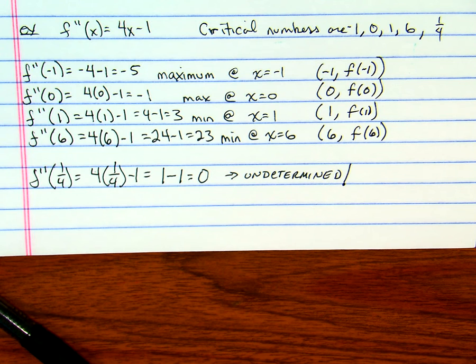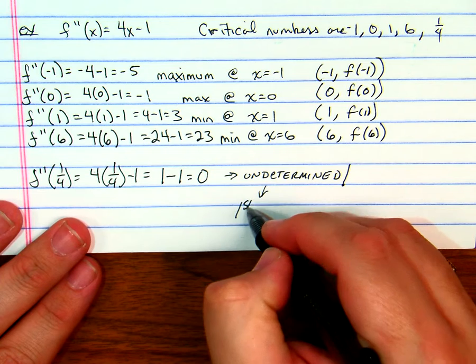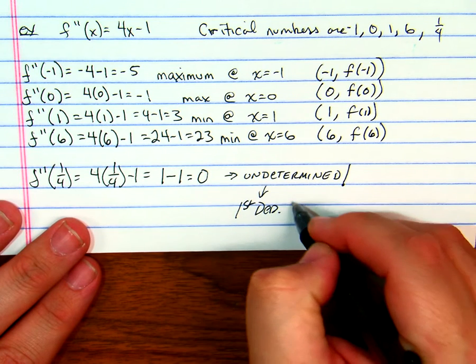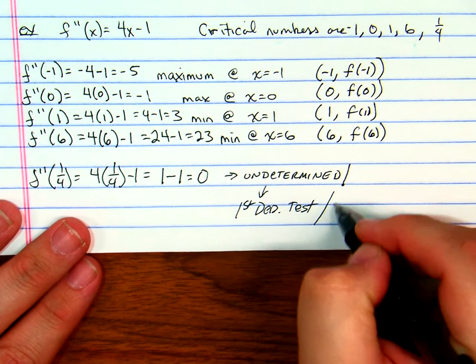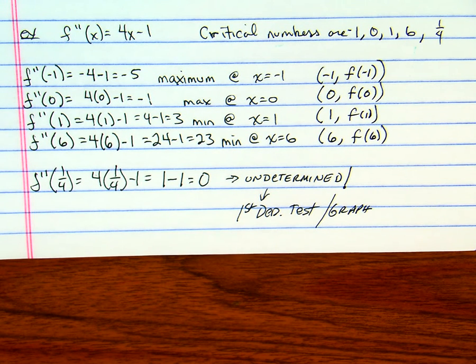Now, for this, we need to go to the first derivative test, or even to the graph. Could it be a maximum? Absolutely. Could it be a minimum? Absolutely. But for some strange reason, the second derivative test is clouded at this point.